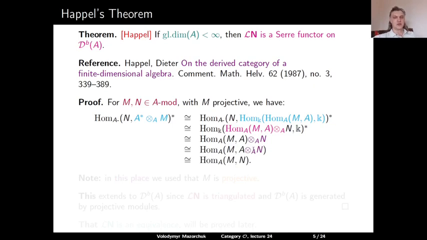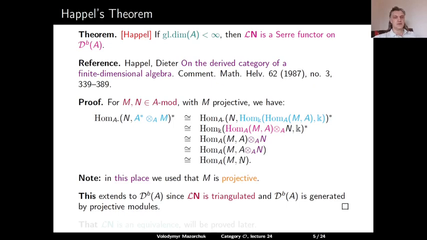And the most crucial place is here in the middle, where we use that M is a projective module. So we have a natural isomorphism from Hom_A(N, the Nakayama functor applied to M, dual) to Hom_A(M, N).